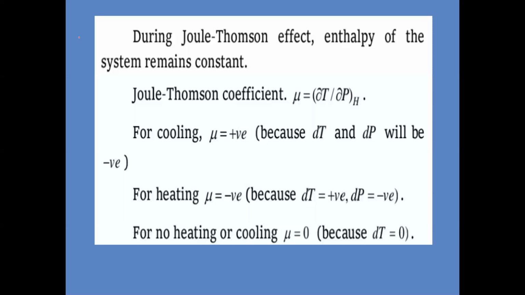Enthalpy means H, and delta H means the final enthalpy minus the initial enthalpy. Final enthalpy minus initial enthalpy is called delta H, that is, the enthalpy change. First of all, what is enthalpy here?